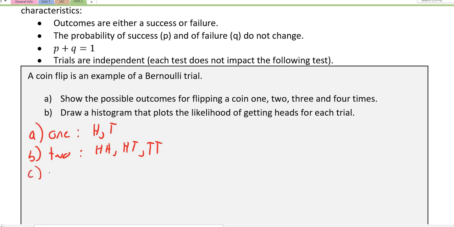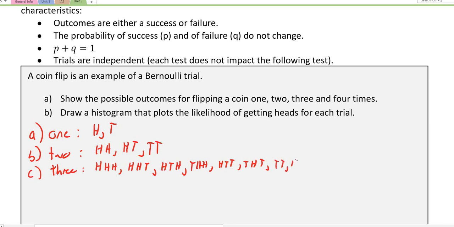For 3, you could have heads heads heads, heads heads tails, heads tails heads, tails heads heads, heads tails tails, tails heads tails, tails tails heads, and tails tails tails. I did it wrong?